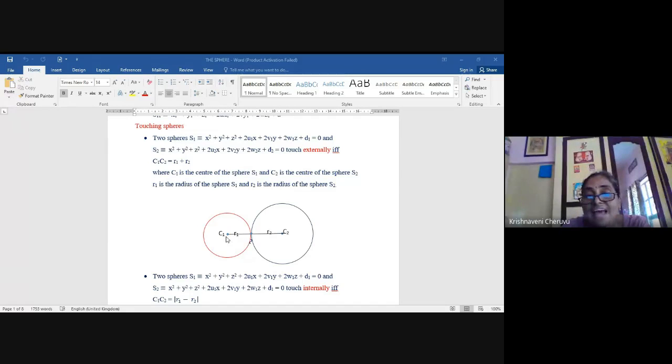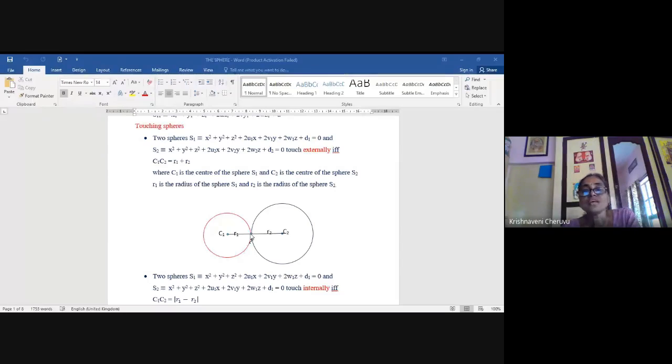So the line C1C2 is divided by P internally when the spheres touch externally. That can be seen in the figure.